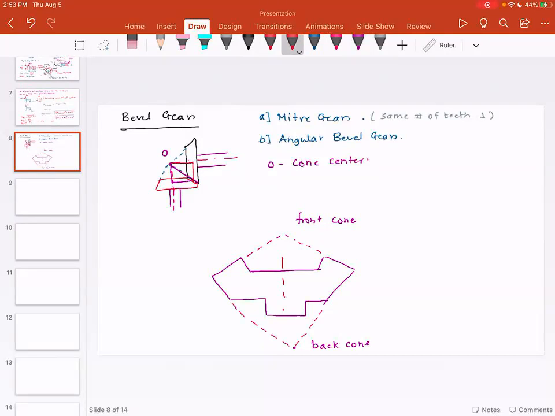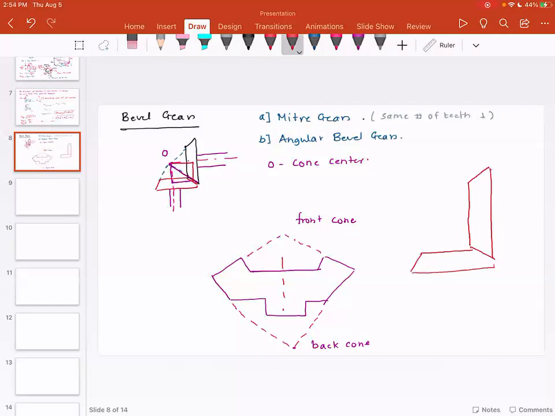And let me show you a slightly enlarged view. That would make this discussion make more sense.